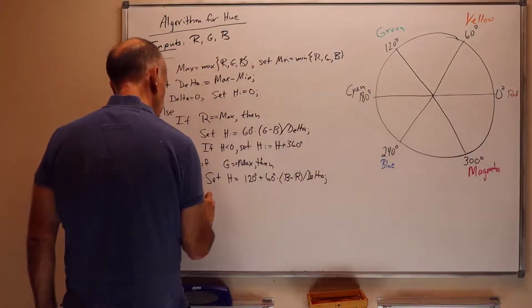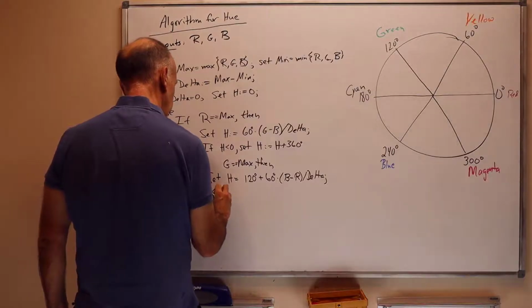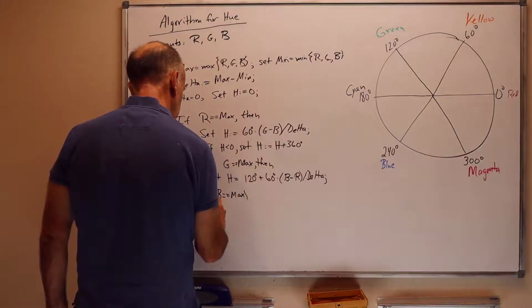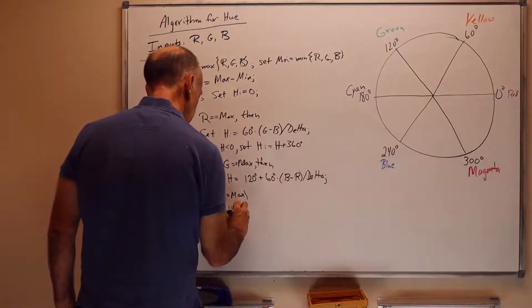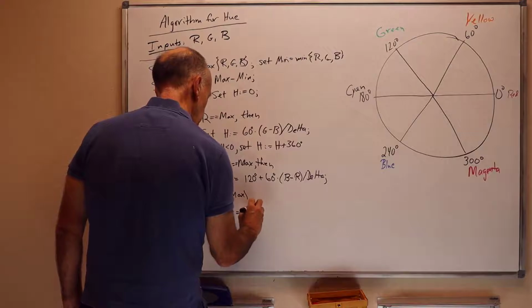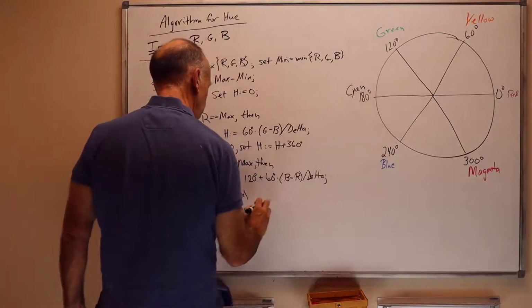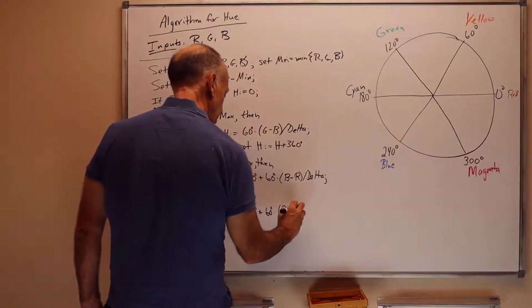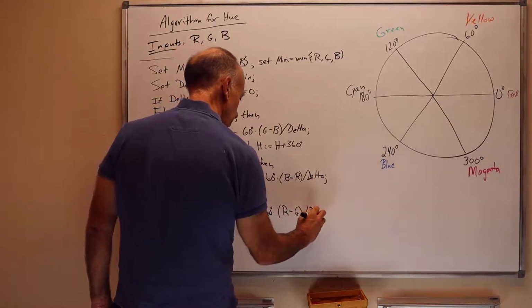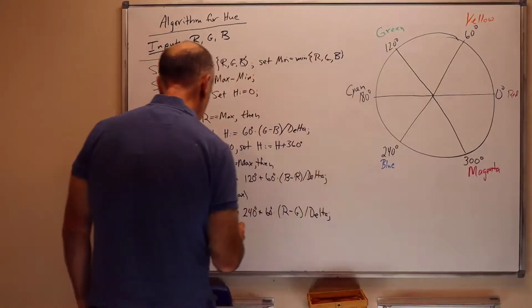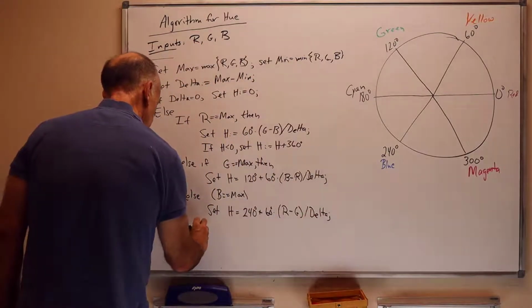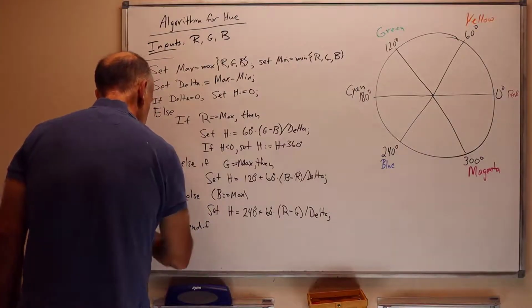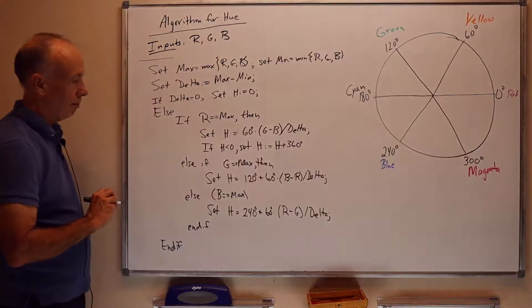Otherwise, in this case, we'll have that blue is the maximum value, we'll set H equal to 240 degrees, that's centering us around 240, plus 60 degrees times (R minus G) divided by delta. And we have an end if here and an end if here to close off the two loops. And this is the calculation of hue.